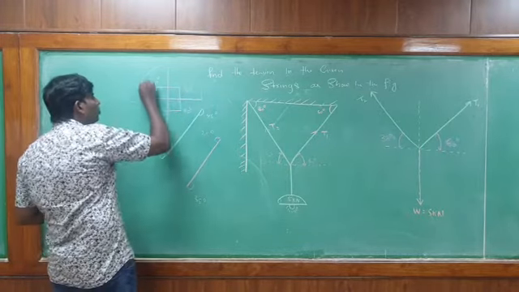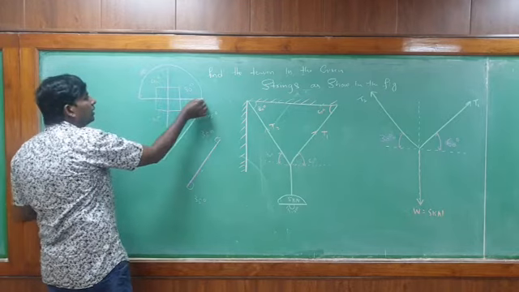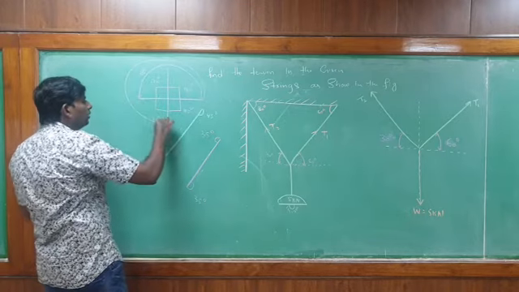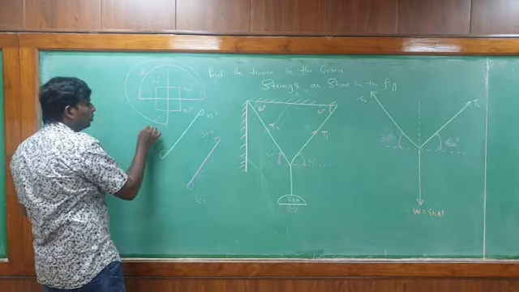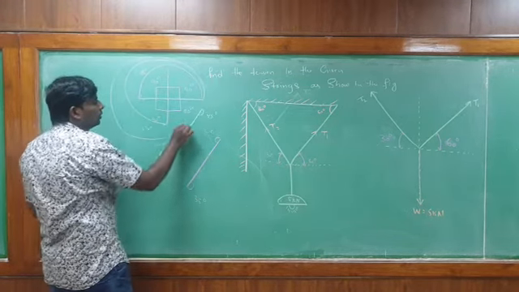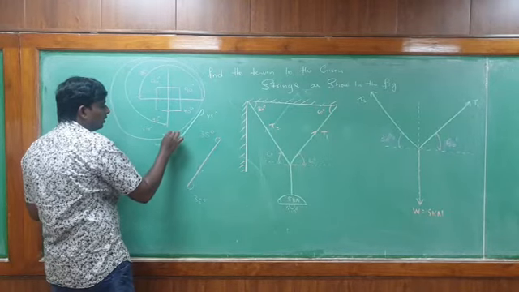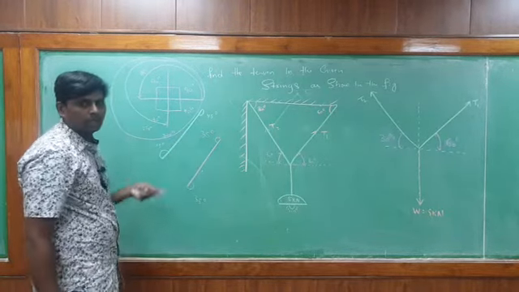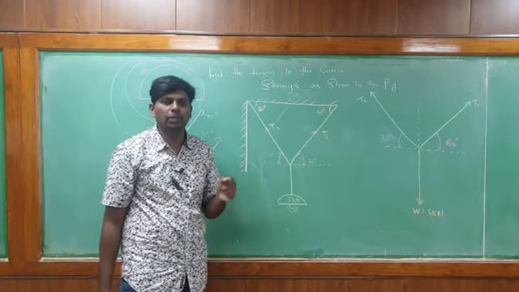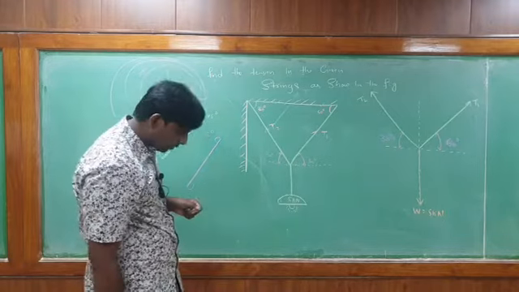The sum of these two angles is equal to 180. The sum of these three angles is equal to 270. The sum of these four angles is equal to 360. In every quadrant the angle will be 90 degree, right angle to each other. So, here also same thing you have to consider.